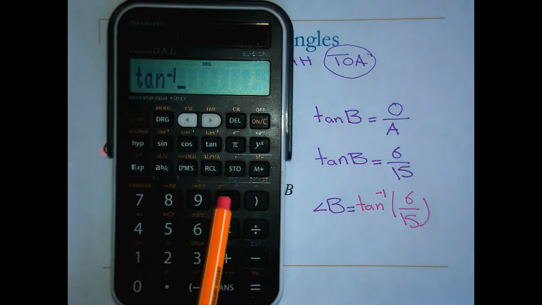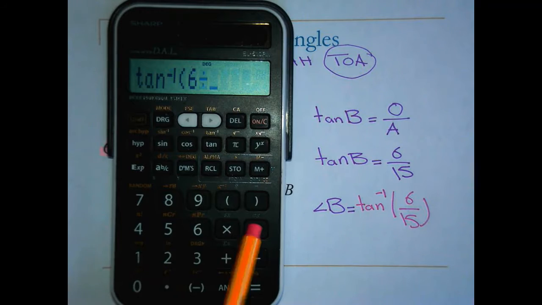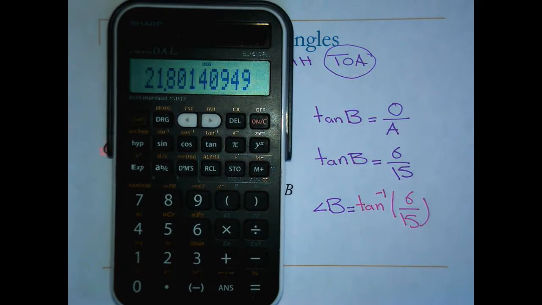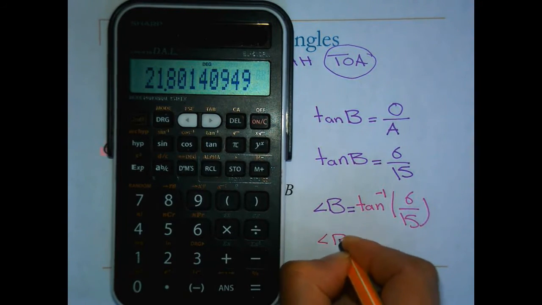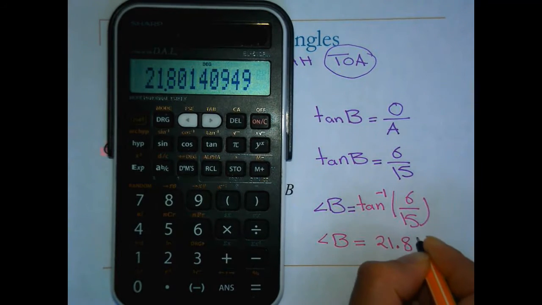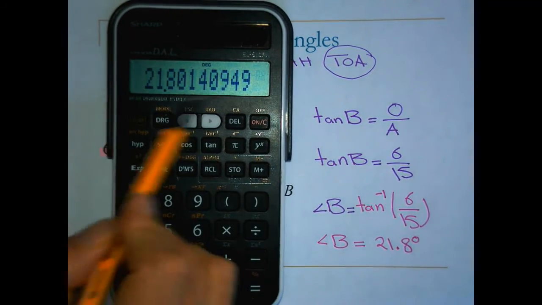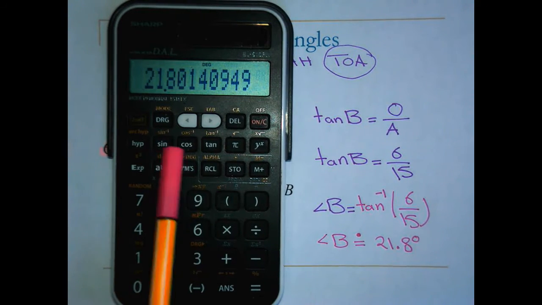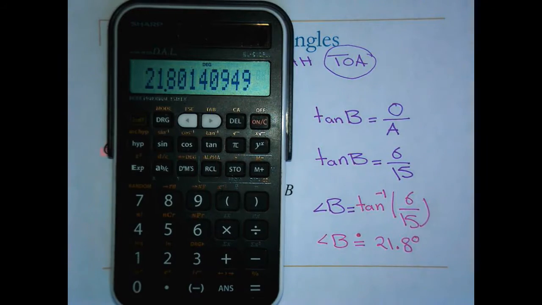I open the bracket, 6 divided by 15, close the bracket, equals 21.8, and because it is an angle, I have to use the degree symbol, and because I have rounded, it is approximately equal to. So when you are finding an angle, you have to use the inverse key on your calculator.